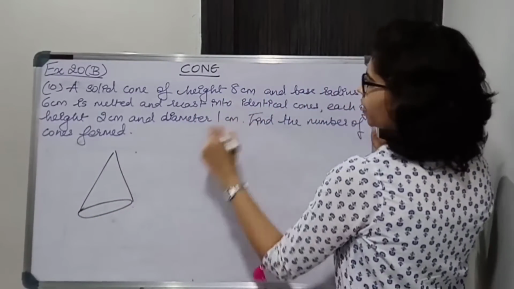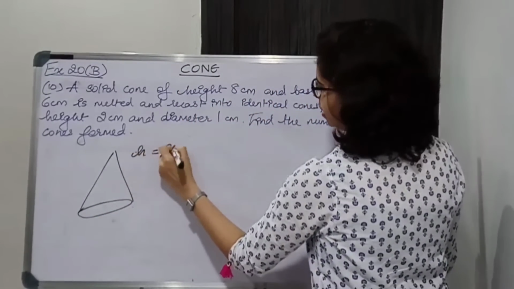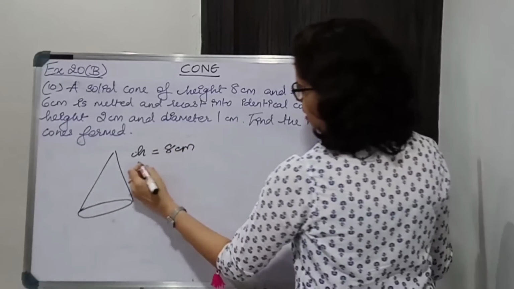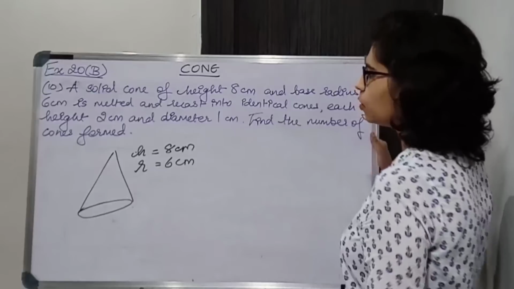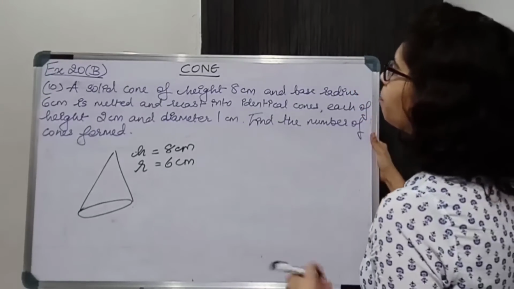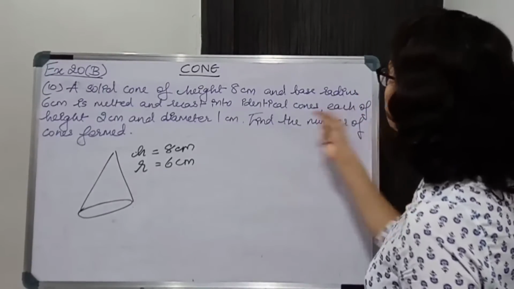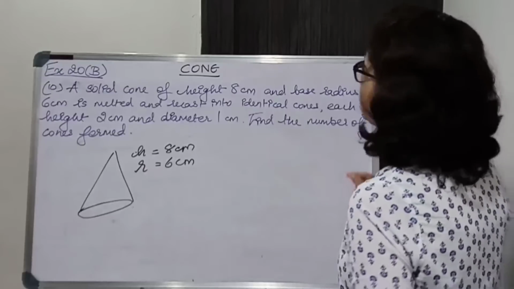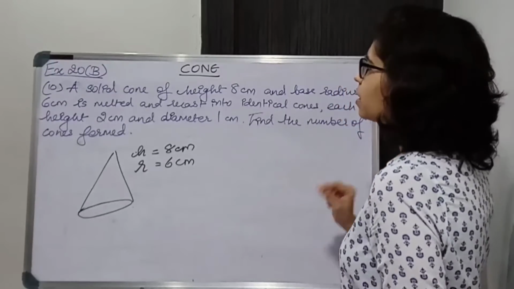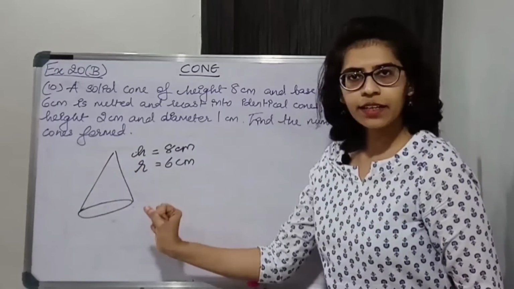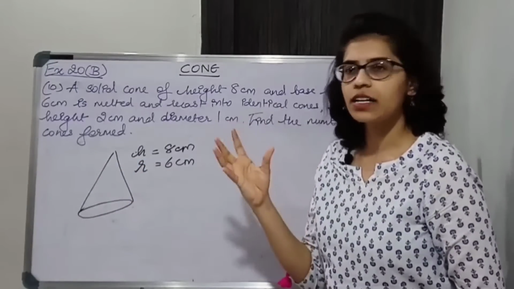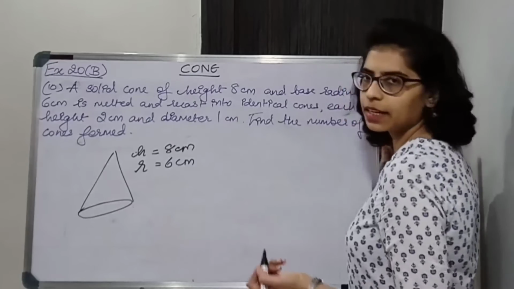Now it has height 8 cm and base radius 6 cm. Okay. It is melted and recast into identical cones, each of height 2 cm and diameter 1 cm. Okay, it has been melted and recast, so small small cones are made.